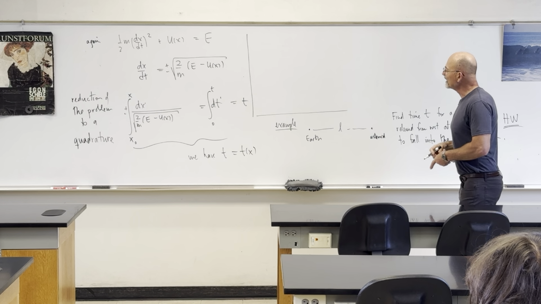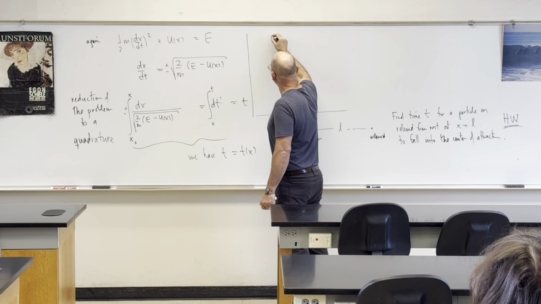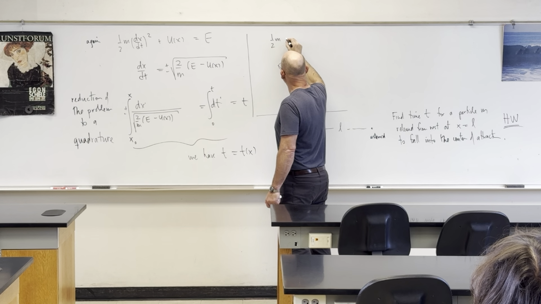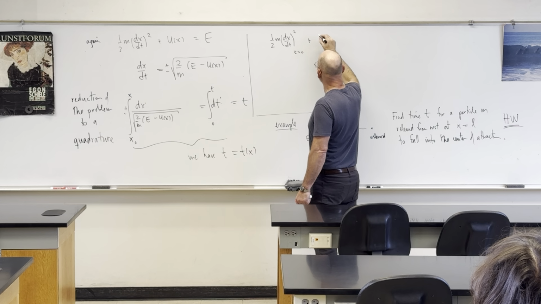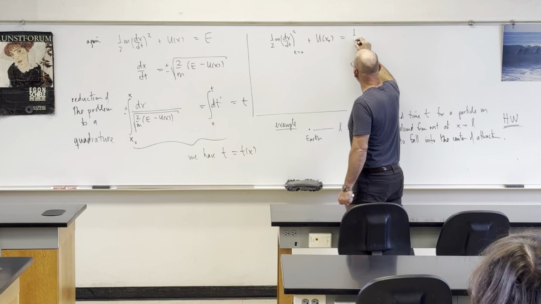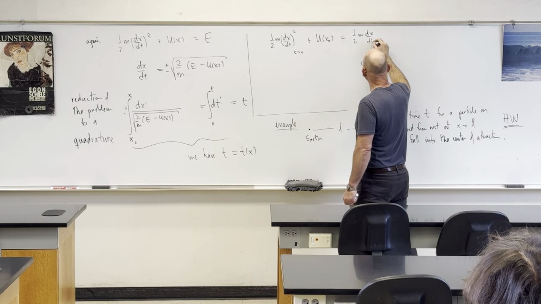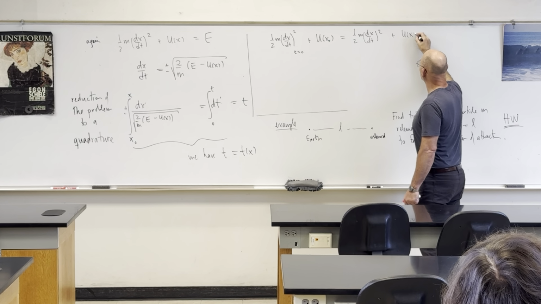So since all the ingredients are here, we're going to do the conservation of energy this way. 1/2 m (dx/dt) squared at t equals 0, plus u of x0, equals 1/2 m (dx/dt) squared plus u of x.